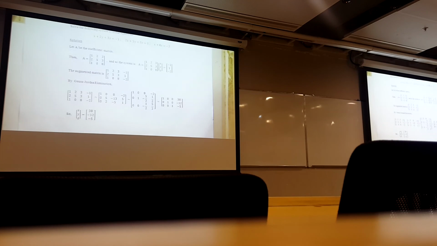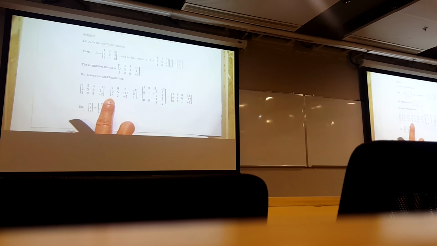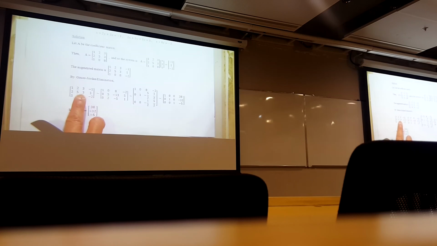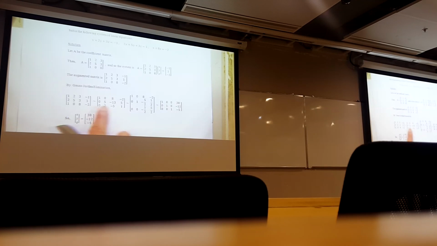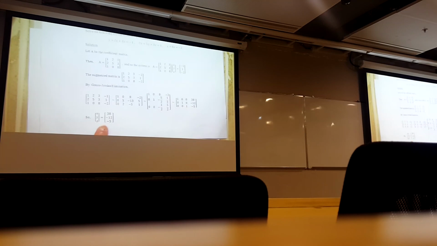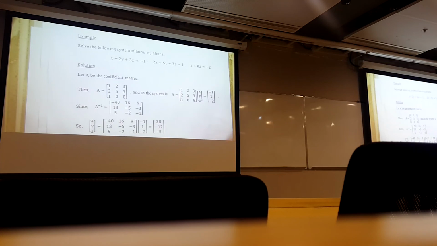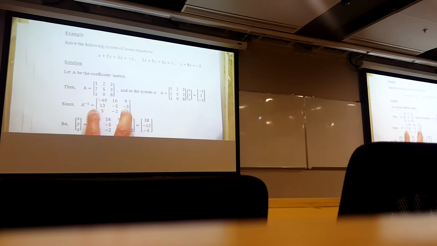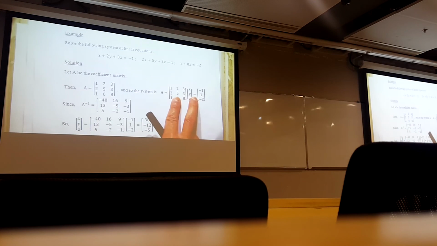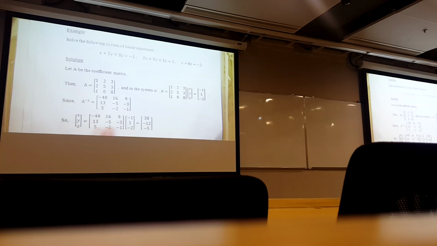I also have shown you by using elementary row operations. Just Gauss-Jordan elimination. I have done it for you, and you get the same result. So, the importance of the inverse is that you can make use of the inverse to find the solution of x, y, z.